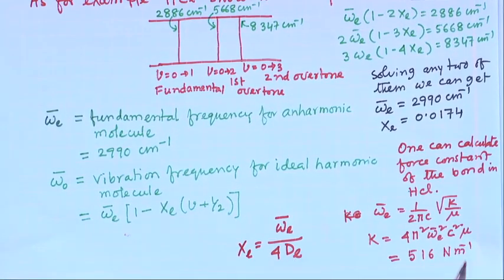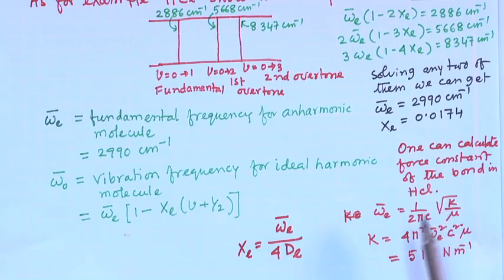Also, one can calculate the force constant k, because omega E bar equals 1 by 2 pi c times the square root of k by mu. Earlier it was omega 0 bar; now I have replaced it with omega E bar for anharmonicity.